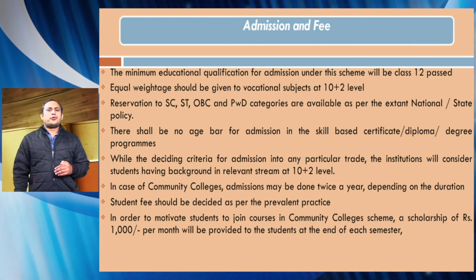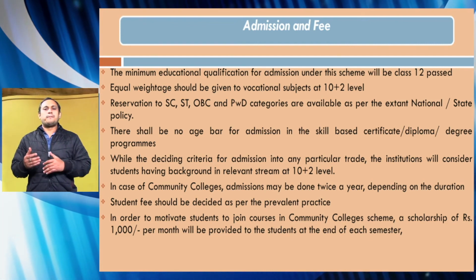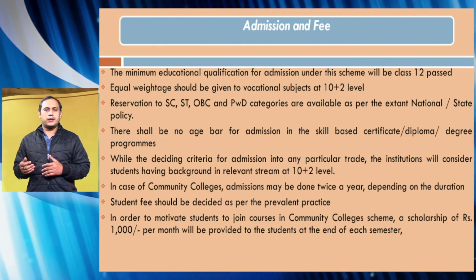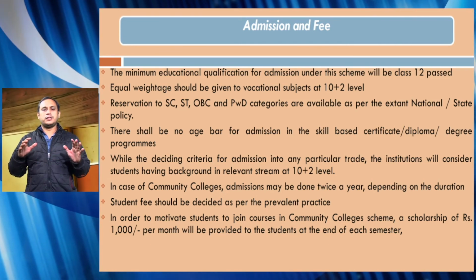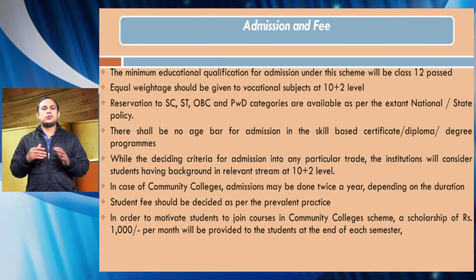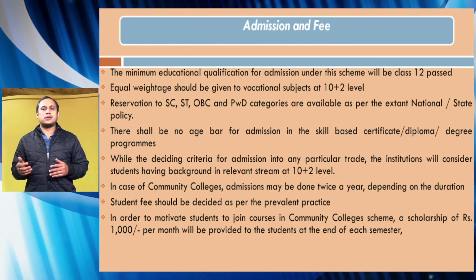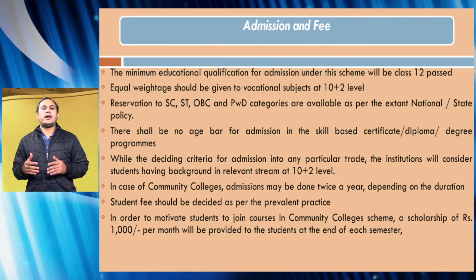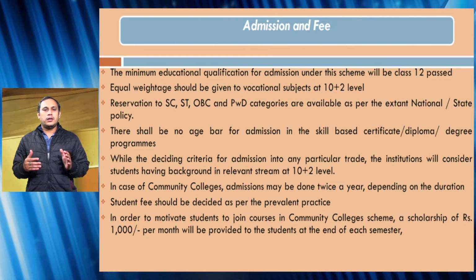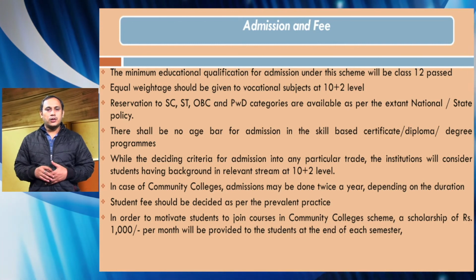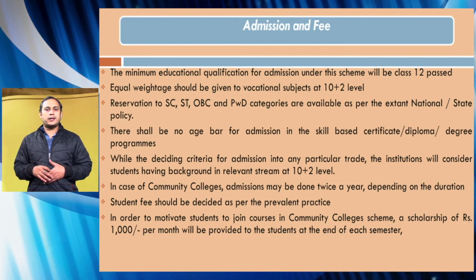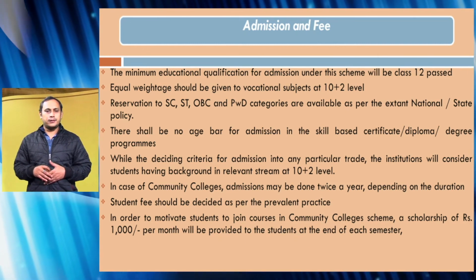Now, in order to motivate students to join courses in the community colleges scheme, a scholarship of rupees 1,000 per month is provided to the students at the end of each semester, subject to satisfactory attendance and successfully qualifying the end semester examination without any backlog, or you can say back paper.